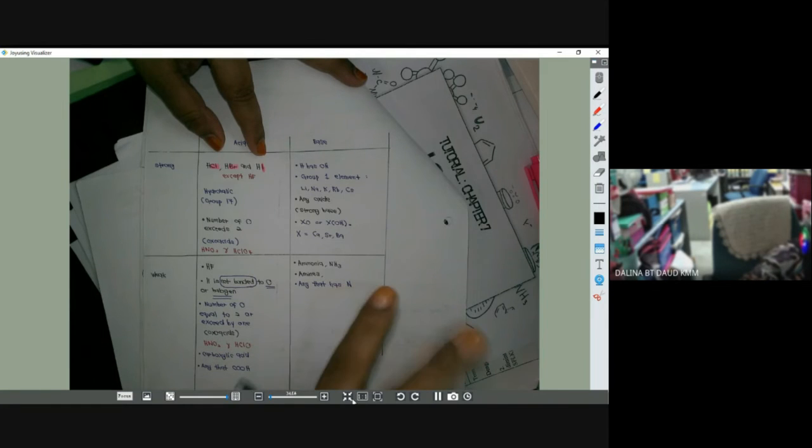Cuma kita tahu HF ni dia lemah. And then apa lagi ciri strong acid ni? Hydrohalic, group 17. Yang kedua, number of oxygen that bonded to H melebihi 2, ataupun oxoacid.